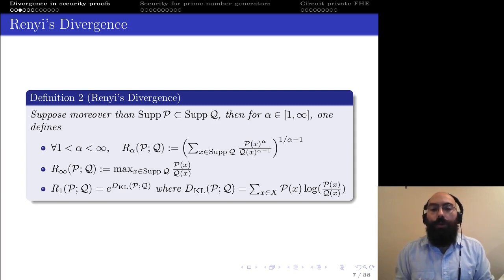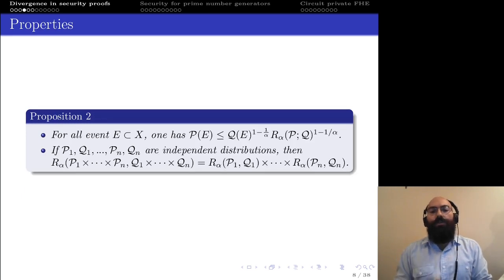So what are the properties of this divergence? Why do we use it in security proofs? Well, first there's a multiplicative type of inequality. For an event E, P of E is lower than some product of Q of E times the divergence between the two distributions.